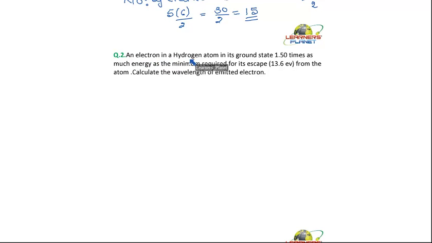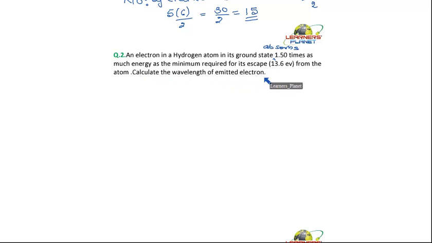An electron in a hydrogen atom in its ground state absorbs 1.50 times as much energy as the minimum required for its escape, that is 13.6 electron volt, from the atom.